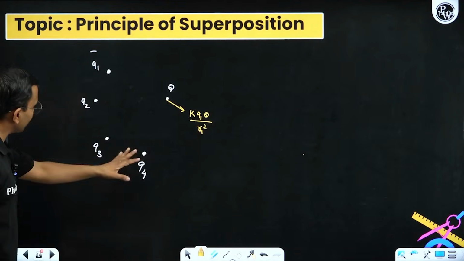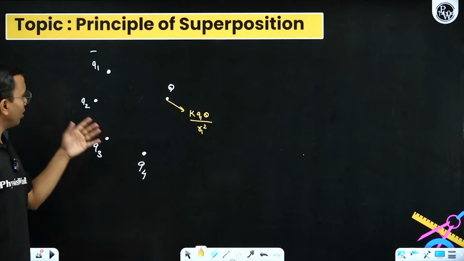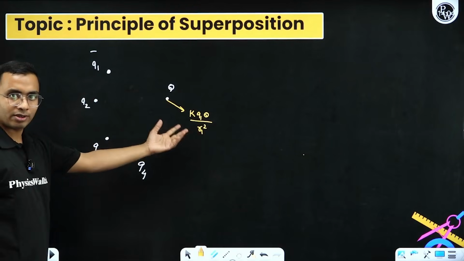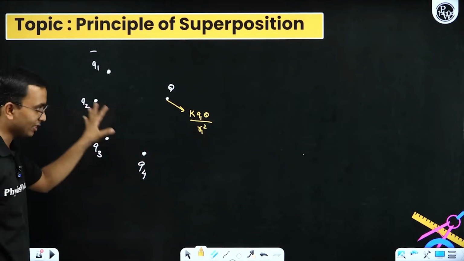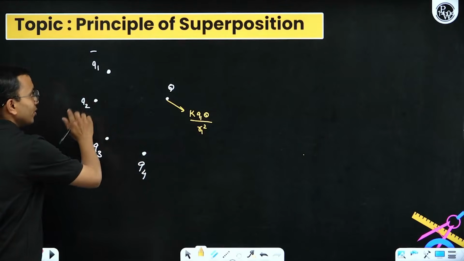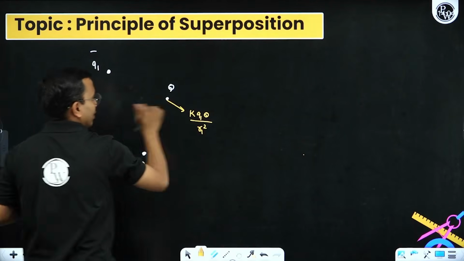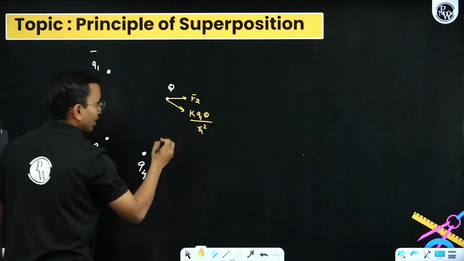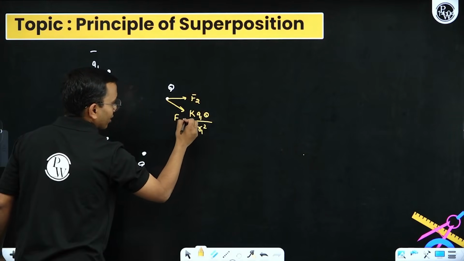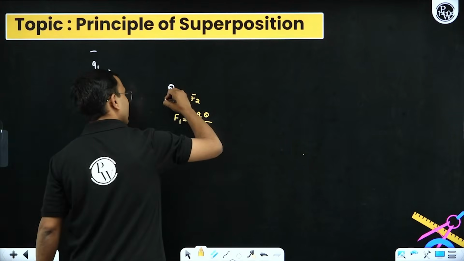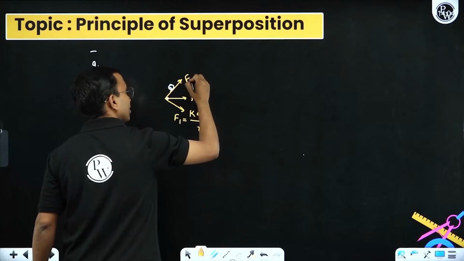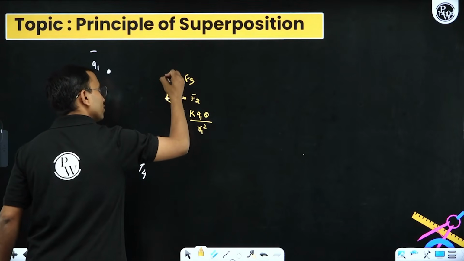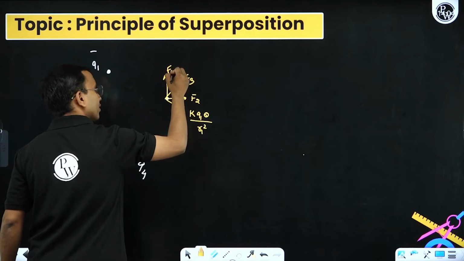You will not see q2, q3, q4 while writing this. When you write due to q2, don't think about the other three. The force due to q2, let us take this is F2, this was F1. Due to q3, let us take F3. Due to q4, let us take F4.